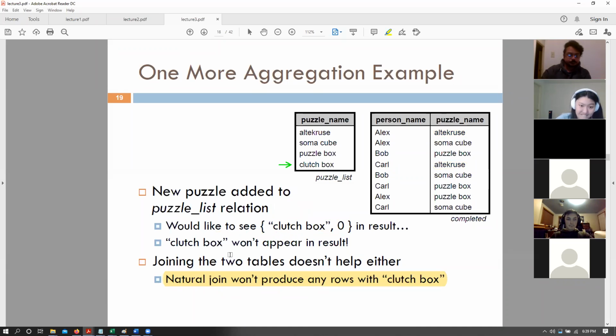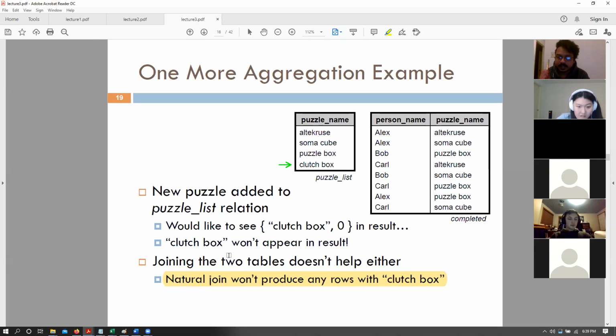Okay. Coming back. So we had that same example, Altecrews 2, Soma Cube 3, Puzzle Box 3. But now we just happen to have this new puzzle, Clutch Box, where we would like the result to be Altecrews 2, Soma Cube 3, Puzzle Box 3, but Clutch Box 0.